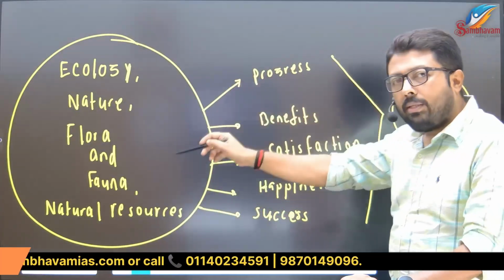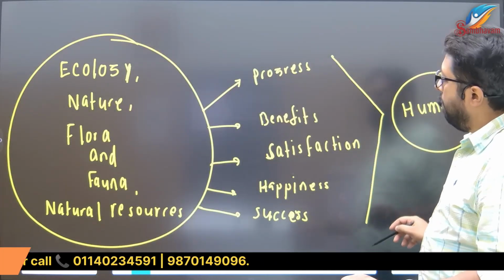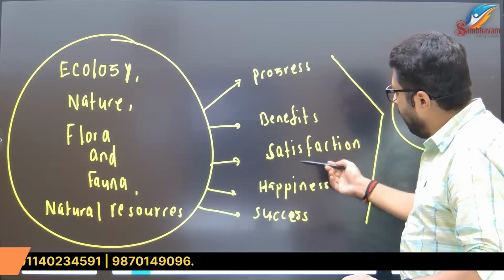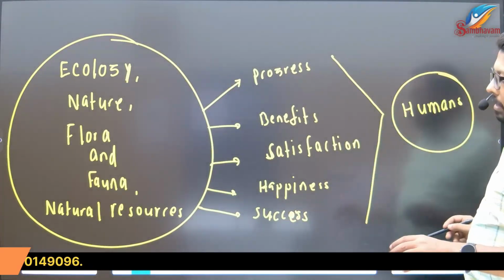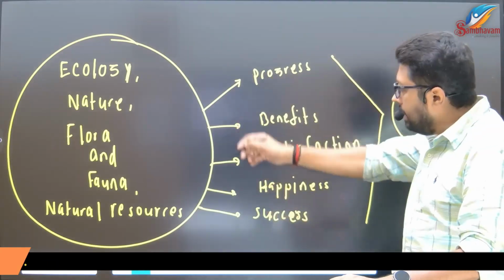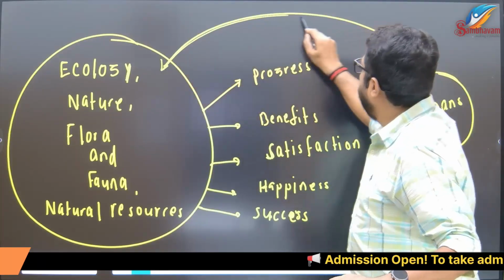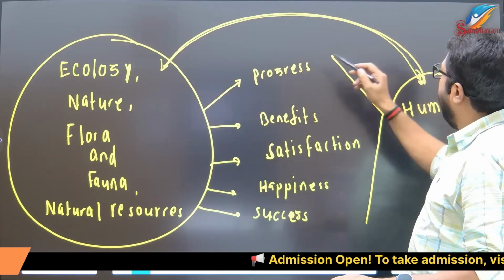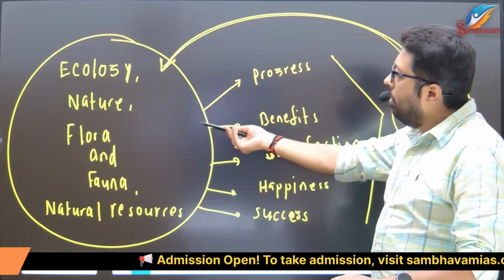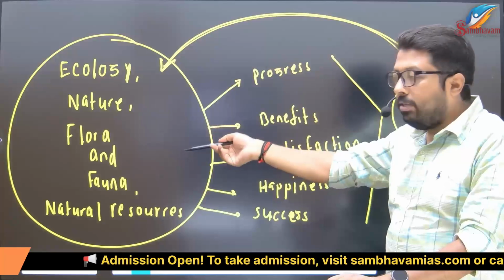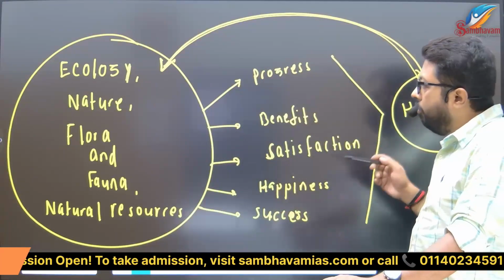Both are important for humans. So what should humans do? Whatever progress, benefit, satisfaction, happiness, success humans are taking while using these things, humans should contribute. Give back. I would say humans should give back to the improvement or conservation of ecology, to the conservation of nature, and the safety of flora and fauna.